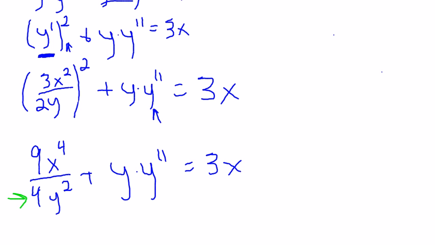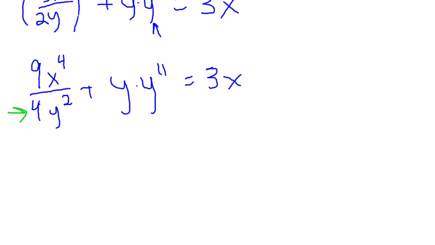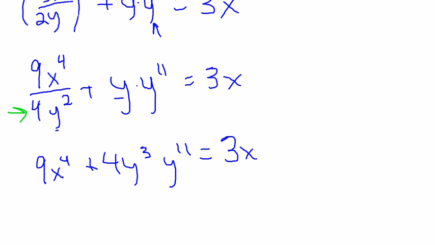Alright. Sincerest apologies. So I multiply by the 4y squared. That gives me 9x to the 4th plus 4y cubed, because I multiply y by y squared, y double prime equals 3x. Actually, I get 3 times 4, which is 12, and then I get xy squared.